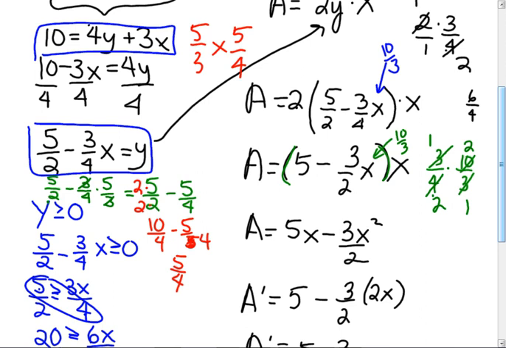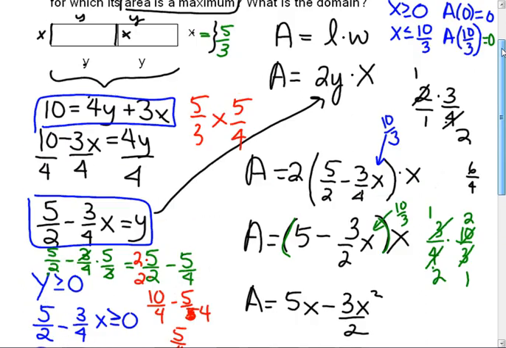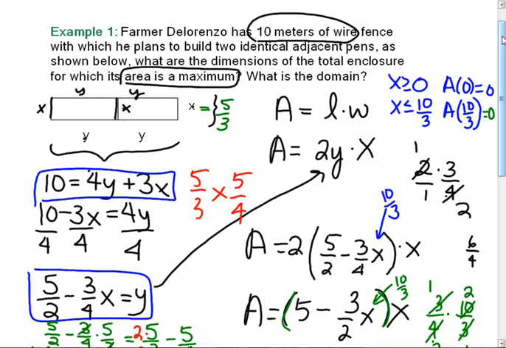Oh, you're right. That's y, isn't it? This is the y value. I answered the question wrong. Y is equal to 5/4, but how big is the side? It's 2y. Oops. I don't think they'll do that to you. They could. 2y then would be 2 times 5/4, or 10/4, or 5/2.